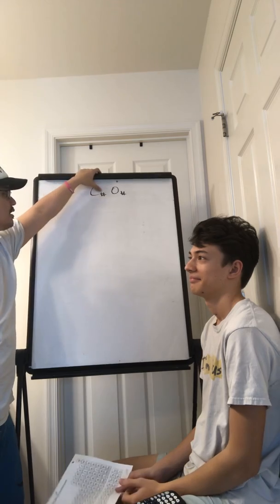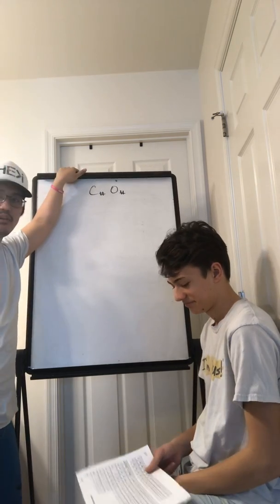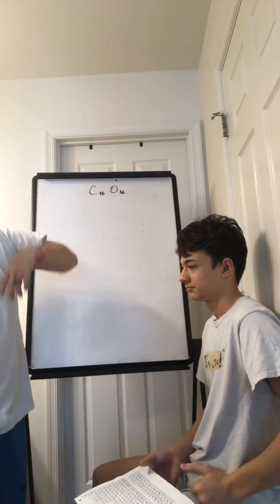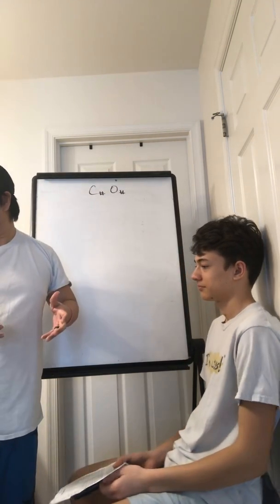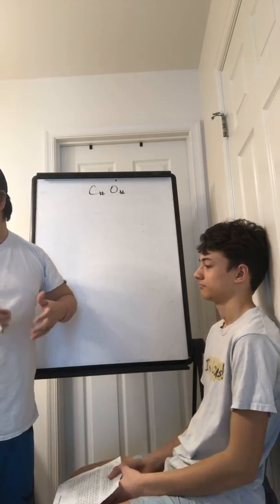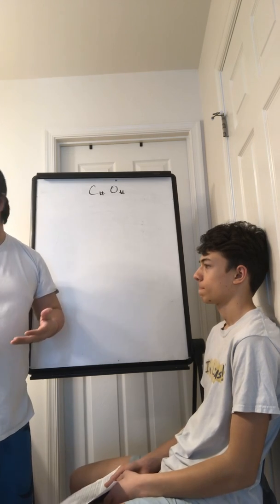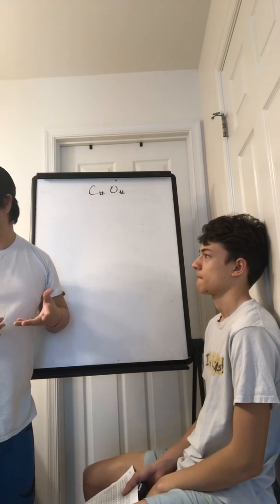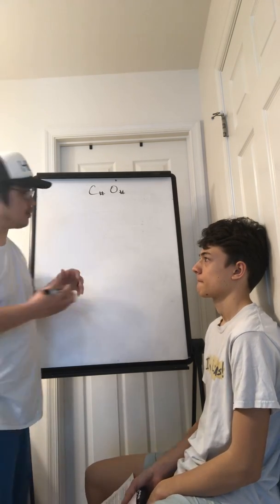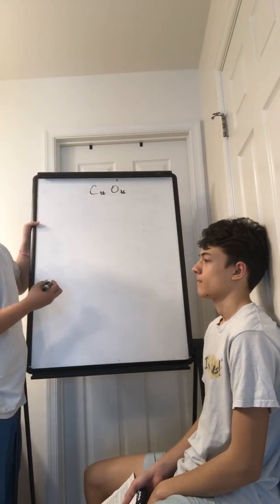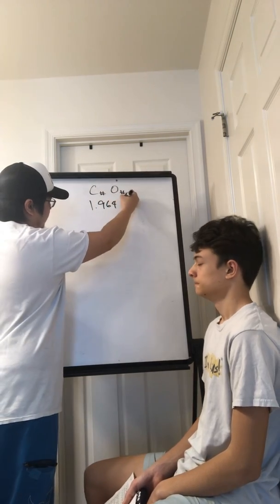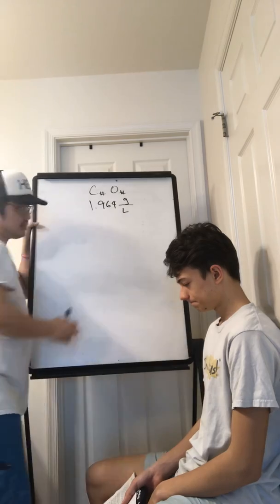The reason why I put these little symbols right here is because I don't know if this is carbon monoxide or carbon dioxide. It just says some combination of C's and O's, of carbon and oxygen, has a density of 1.964 grams per liter.